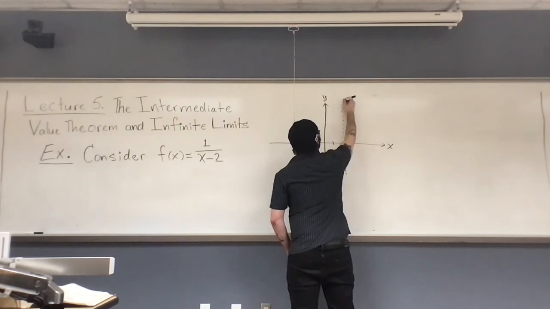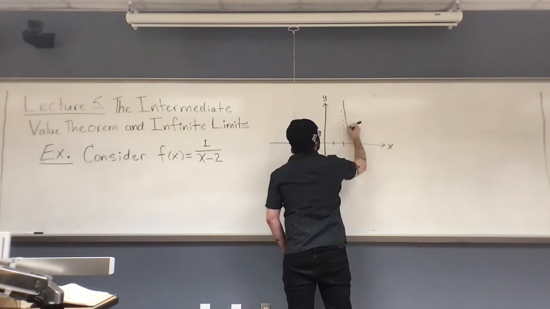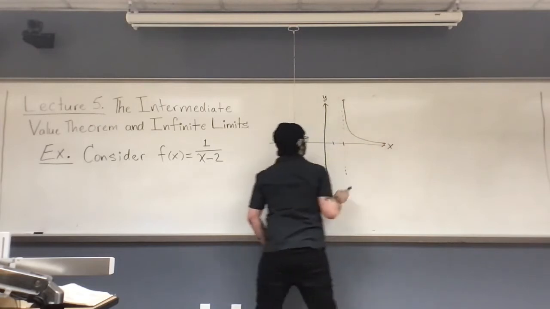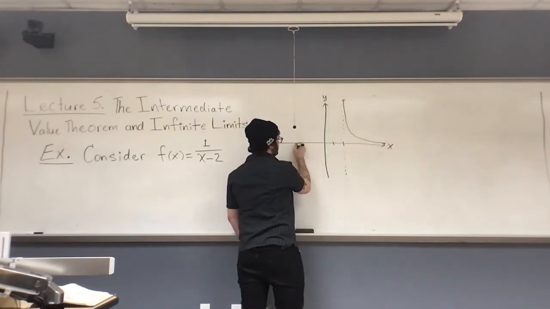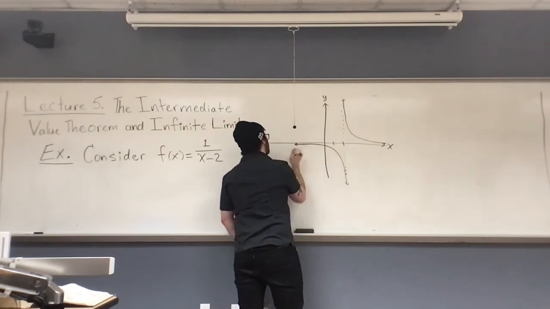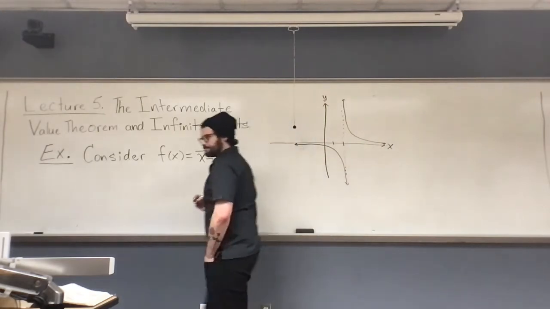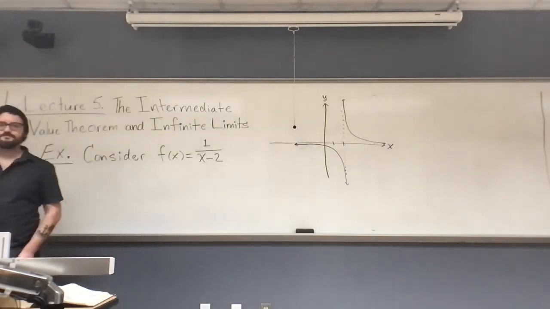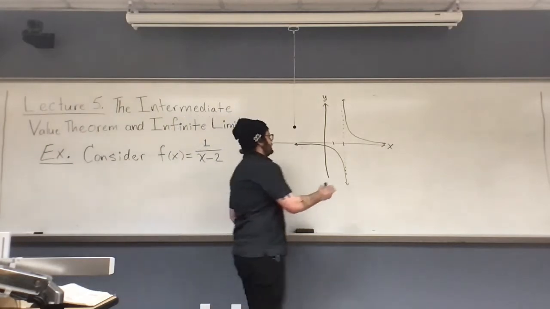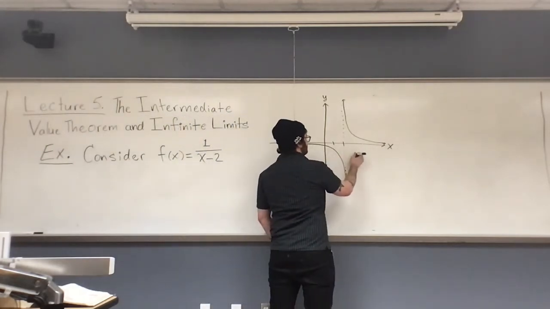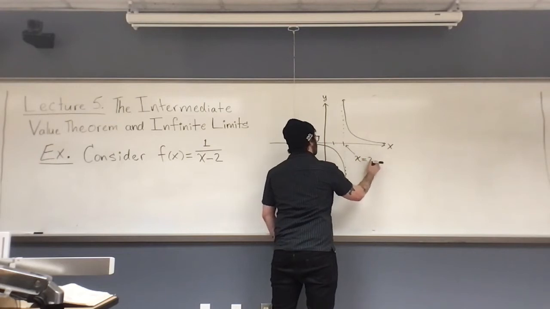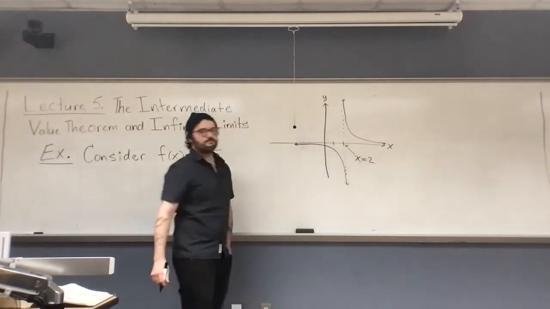It should look like this on that side of 2, and then on this side, it should look like that. Okay. Now, notice what happens, if this is our c, right there.